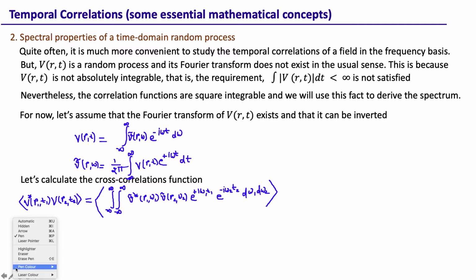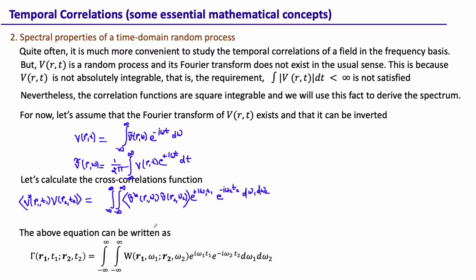So, I think we can just write the ensemble average over there. Okay. So, that is the correlation between V star r1 t1 and V r2 t2, we can write it like this.